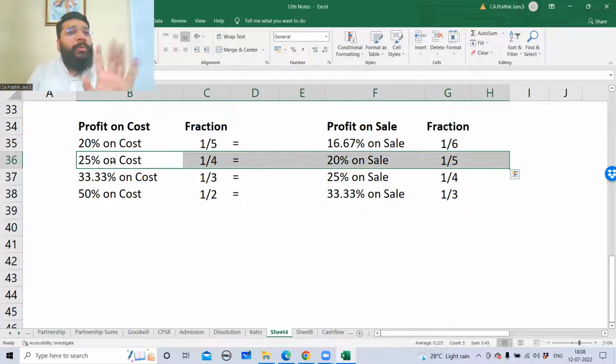If this question comes in the exam, will you waste your time doing a rough calculation to convert? No. Immediately, 25% on cost means 20% on sale. Otherwise, you have learned the technique to calculate it, but for these repeated questions you don't have to sit and do the workings. Am I clear?